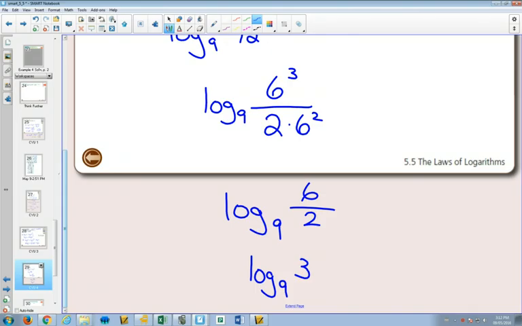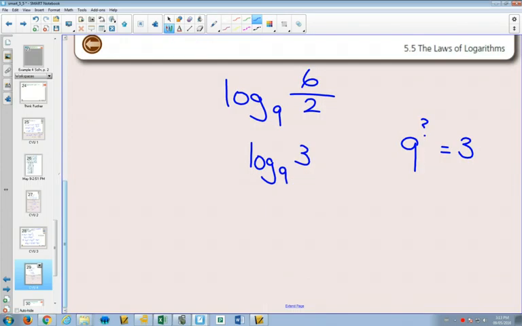What does log base 9 of 3 mean? 9 to what power is 3? One half, because the square root of 9 is 3. So 9 to the 1 half is 3. So the answer to this is 1 half.